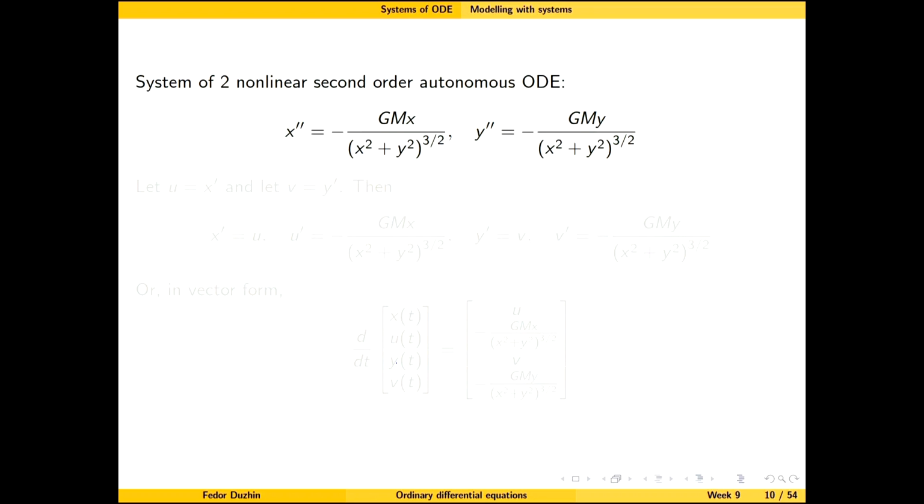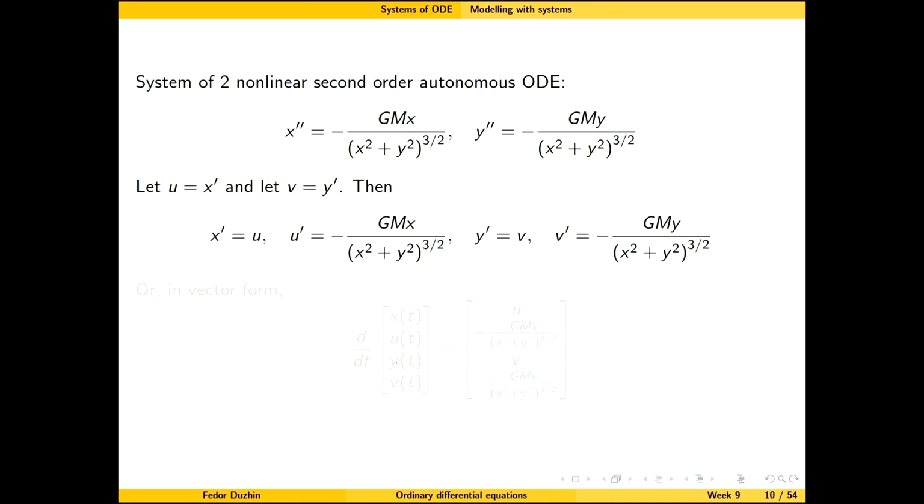We can actually go further, and transform this to a system of first-order equations. We just introduce new variables: u is going to be x prime and v is going to be y prime, and here is the new system that we get.